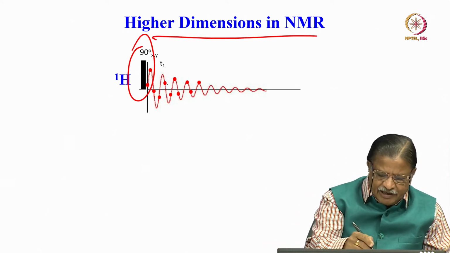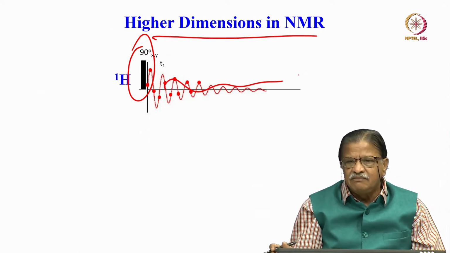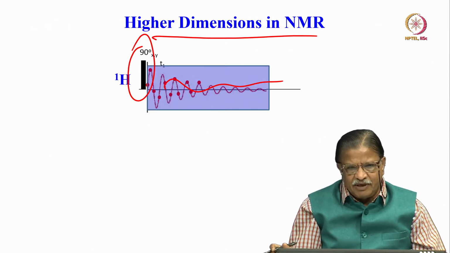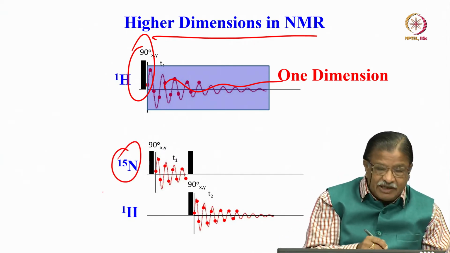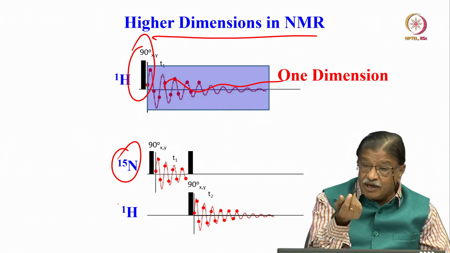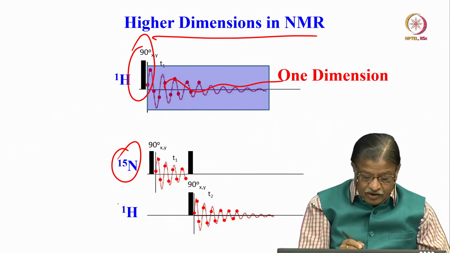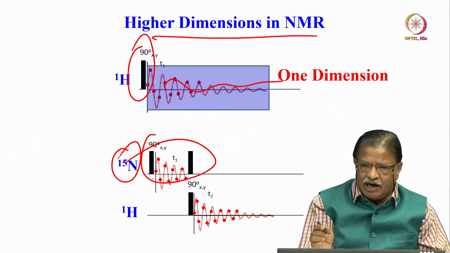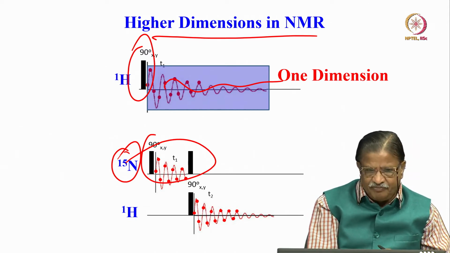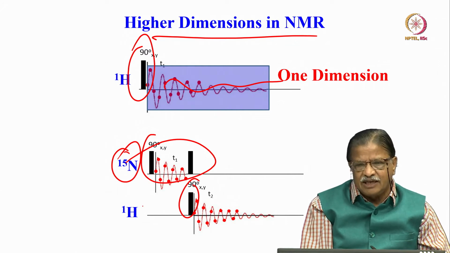First, apply a 90-degree pulse, collect a signal, it is 1D. This is one time domain. Now, I can have 2-dimensional data, it can be different nuclei, it can be heteronuclear, it can be even homonuclear also, no problem. You can apply selective pulses, hard pulses, whatever it is on one channel. You can apply another pulse on the other channel.